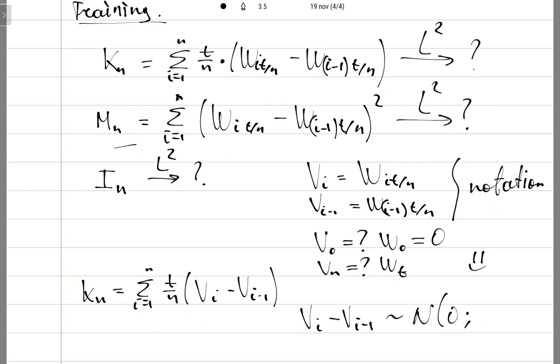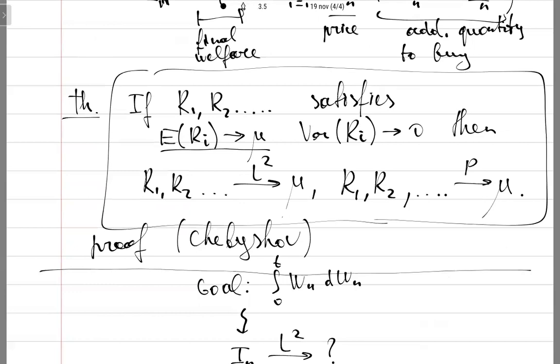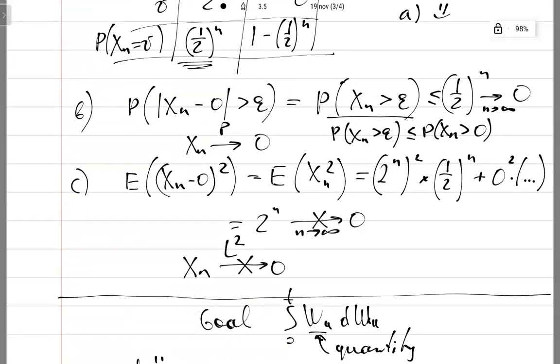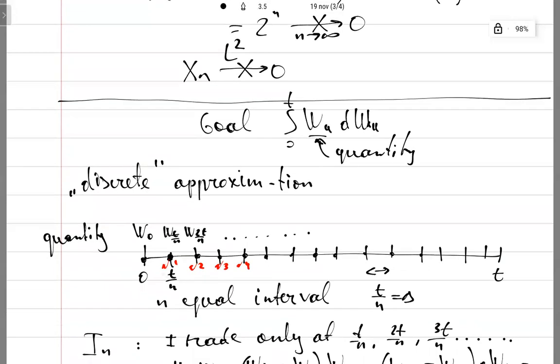It is T over n, because it's the interval from (i-1)T/n to iT/n. I is a number, not a time.